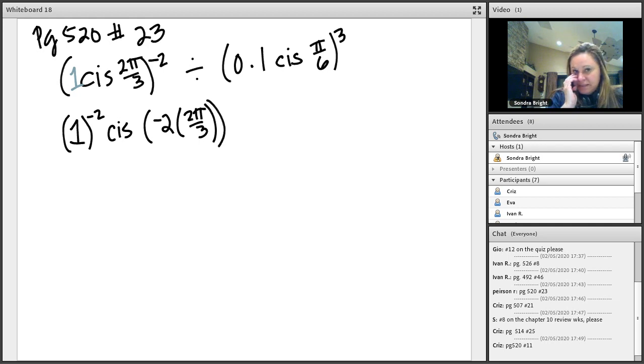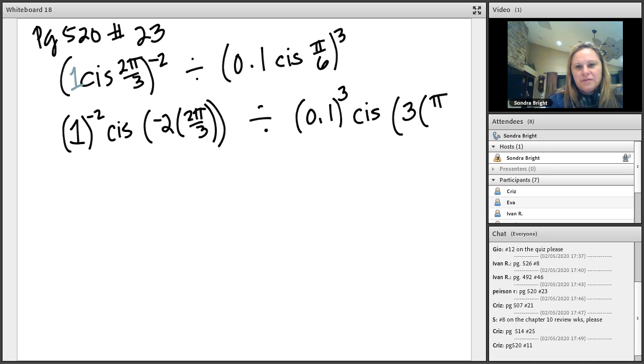All right. And then it's going to be divided by 0.1 to the third power cis 3 times pi over 6.